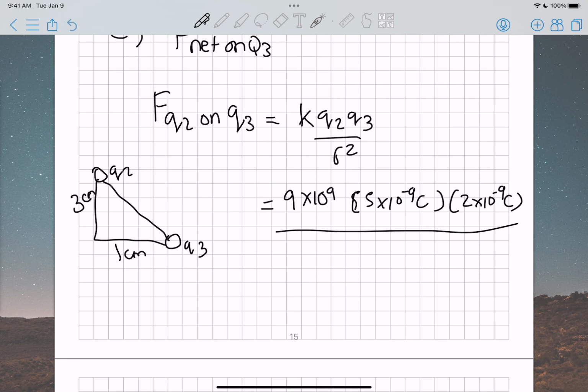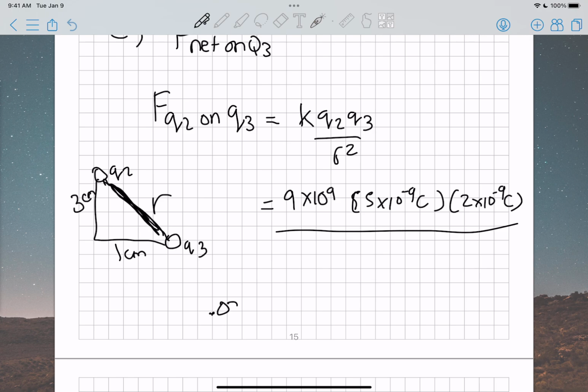Excellent. We figure out r using the Pythagorean theorem. And so r would just be the direct distance between Q2 and Q3 on that axis right here. You could either do 3 centimeters squared plus 1 centimeter squared, take the square root of that, and then convert your answer into meters, or you could convert to meters first and then add up.